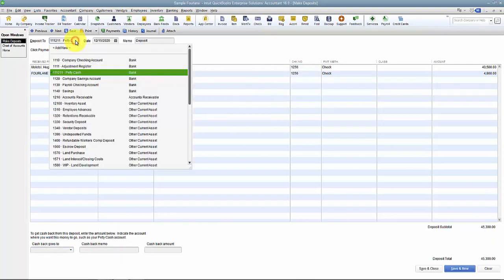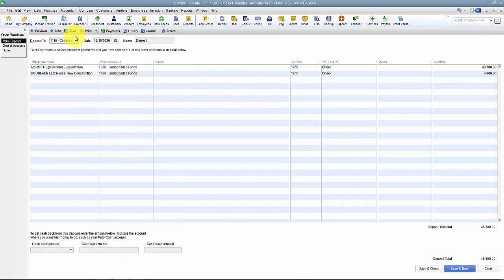Oh, I can't deposit to and take cash out of. So I'm depositing it to the checking account, but I also want to take cash back to the petty cash account of $500, right? So here it says deposit subtotal is this. I'm taking $500 out. That means that the total deposit is going to be $44,800.